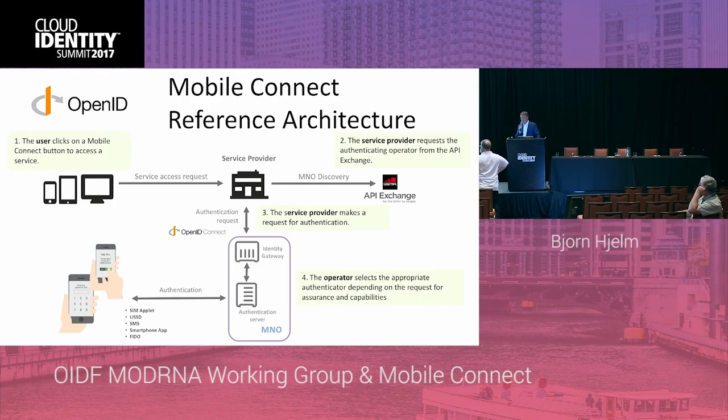We have deployed this architecture with a hub configuration. All operators are connected to a hub that has the identity gateway and the authentication server. We're doing 4 different use cases: financial, consumer goods, healthcare, and eGov services.